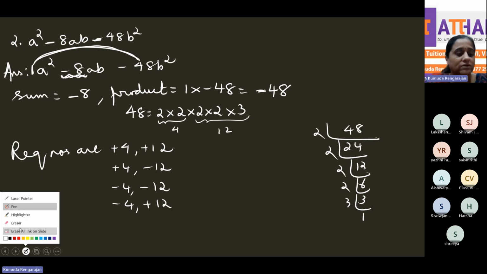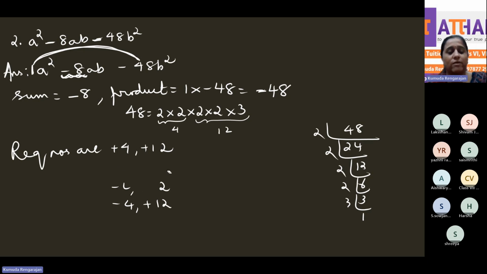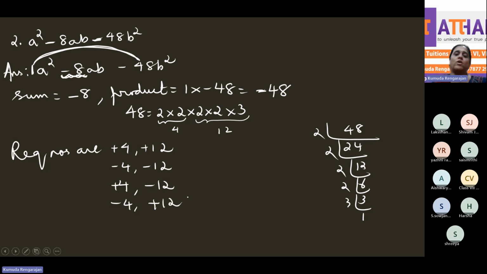To make it simple: both numbers can be positive, or both can be negative, or 4 positive and 12 negative, or 4 negative and 12 positive. These are the 4 different combinations. Nothing beyond this you can make.